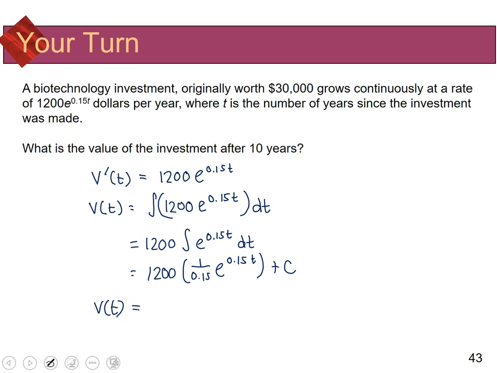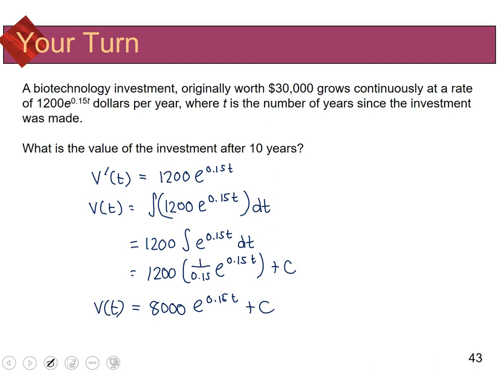And when I evaluate that, I end up with 8,000e to the 0.15t plus c. I don't have the entire function yet. I need to figure out what c is. So what I want you to do now is figure out what c is supposed to be. Again, a lot of students make the mistake. They think, well, the original investment was $30,000, so the original amount, $30,000, is what the constant should be. And in many cases, yes, that would be the case.